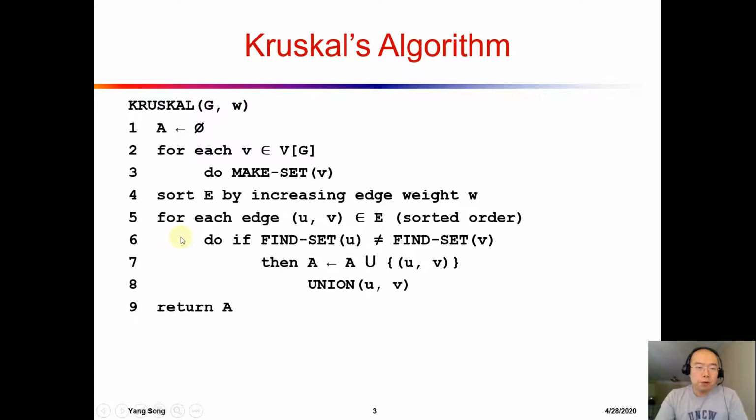And the next part, for each edge from U to V, I'm going to visit all the edges in the sorted order, and then I do a find set of U and find set of V. If I find that U and V belong to two different sets, then I'm going to union A with the edge UV and update that to A. So what it does is I'm adding the edge UV to the set A, and I also union the vertex U and the vertex V. Okay, so eventually I'm returning A, and A will be a set of all the edges.